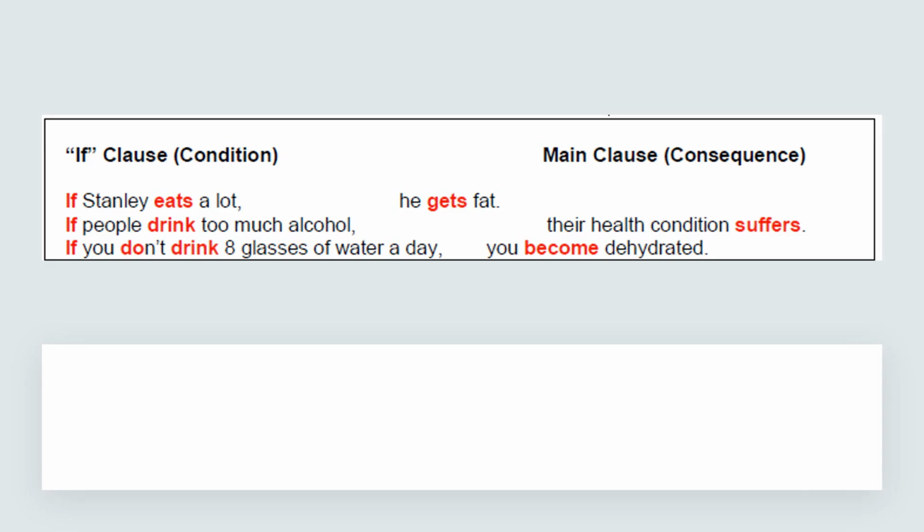As we go on to the examples. If Stanley eats a lot, he gets fat. If people drink too much alcohol, their health conditions suffer. If you don't drink 8 glasses of water a day, you become dehydrated.